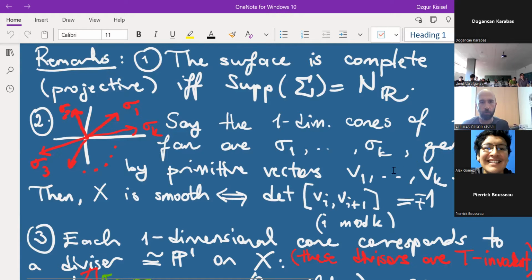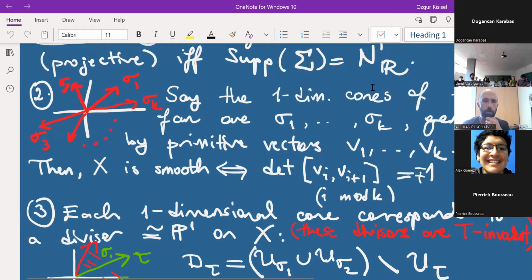Then checking smoothness turns out to be very easy. I think it's enough to write i+1 because I ordered them. X is smooth if and only if the determinant of the matrix with columns v_i, v_{i+1} is equal to +1 for all i, taken cyclically, so i+1 is taken modulo k. If it is not 1, that means there are singularities, some torus fixed points which are singular, and it is possible to resolve them by toric blowups.